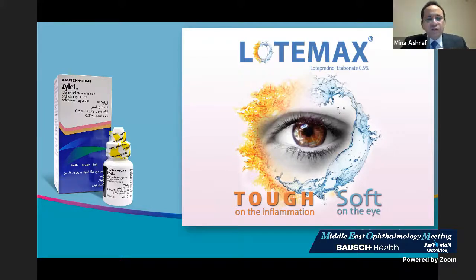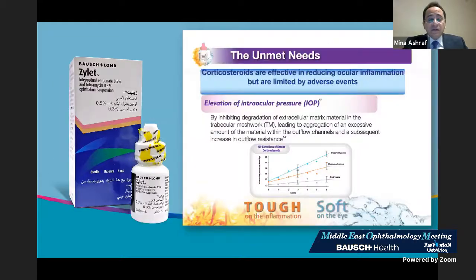The unmet need with the current corticosteroids is that, although they are very effective in reducing ocular inflammation, they are limited by their adverse events, which include elevation of intraocular pressure, because corticosteroids inhibit the degradation of the extracellular matrix material in the trabecular meshwork. This leads to aggregation of an excessive amount of these materials within the outflow channels and a subsequent increase in outflow resistance.